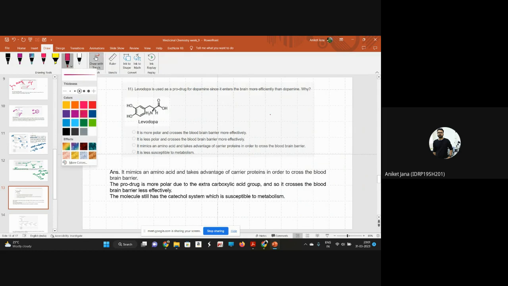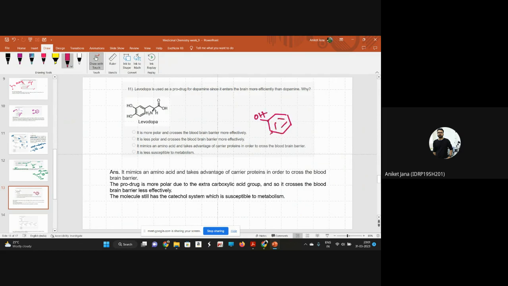Okay, so what is the structure of dopamine? This is dopamine, and here some extra COOH group is present, right?